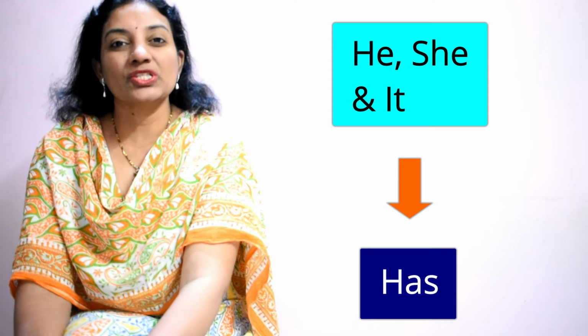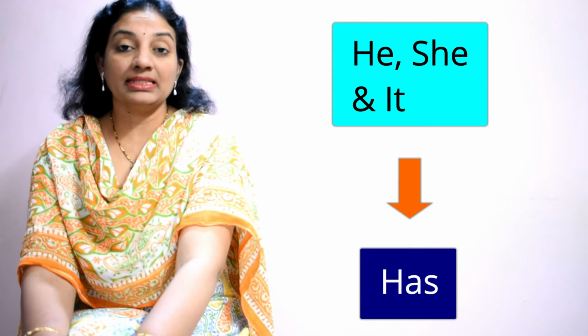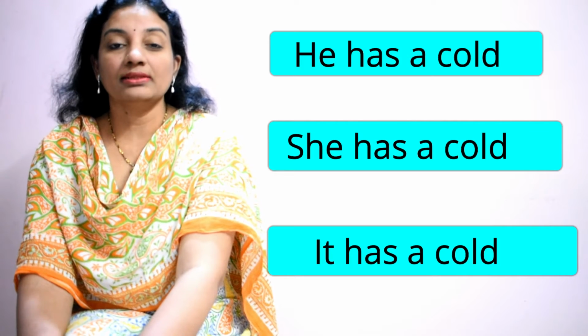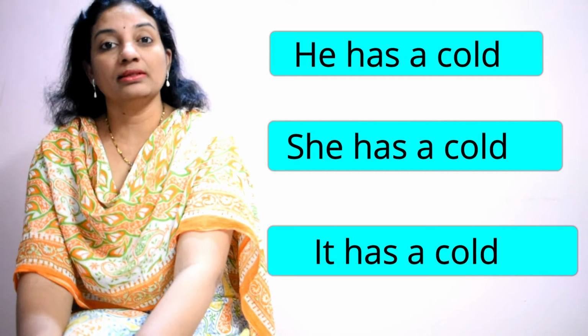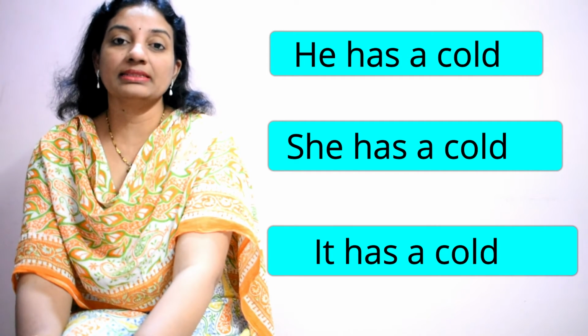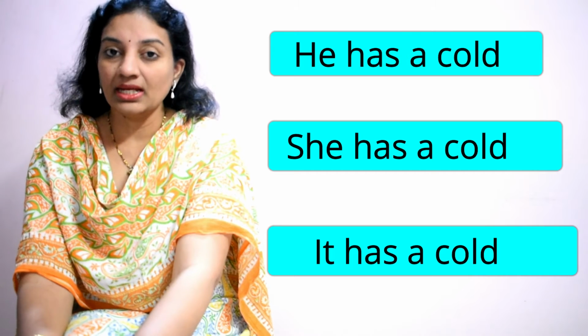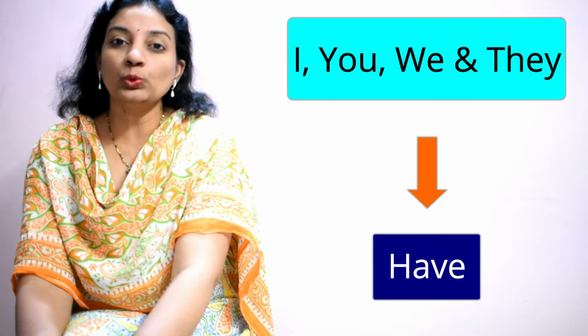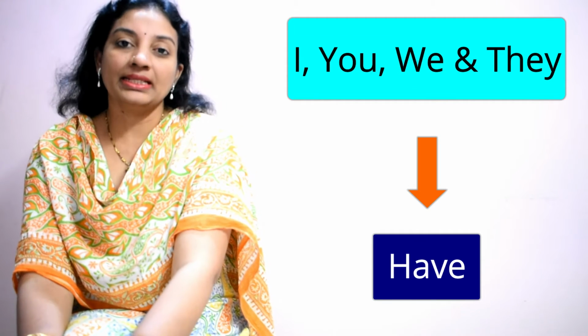Let us see has and have. Okay, he, she, it has a cold. He has a cold. She has a cold. It has a cold. Whereas I, you, we and they have a cold.